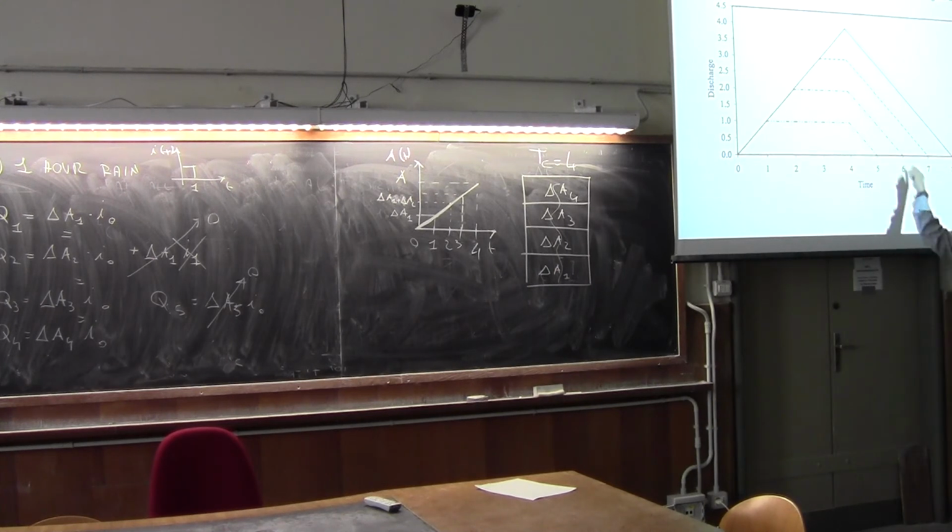You see, the second hydrograph lasts 6 hours. The first one was 5. What's the difference? 1 hour, which is given by 1 more hour of rainfall.